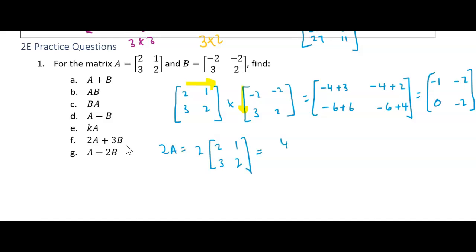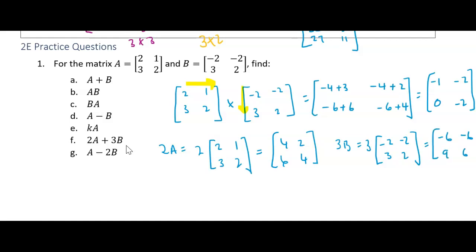So it's going to be 4, 2, 6, 4. And then 3B, going to multiply matrix B by 3. So -2, -2, 3, 2. So I'm just copying matrix B down first before I multiply it. So 3 times -2 is -6, -6, 9, 6. And then we'll add them together.